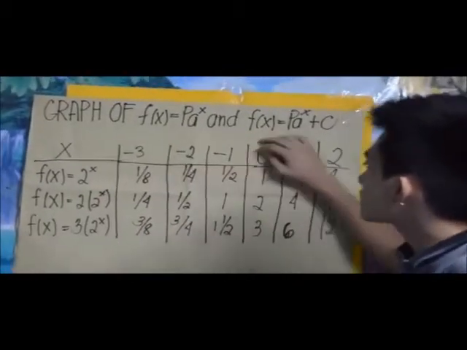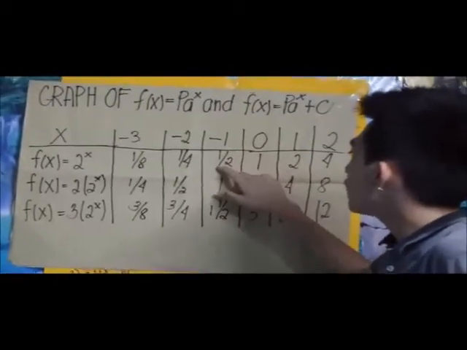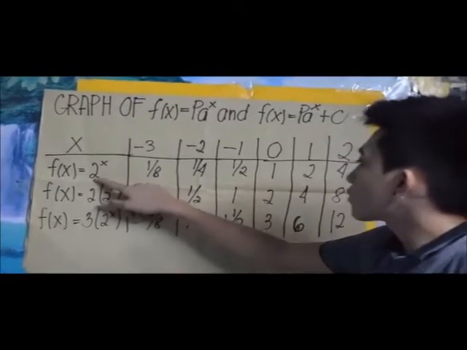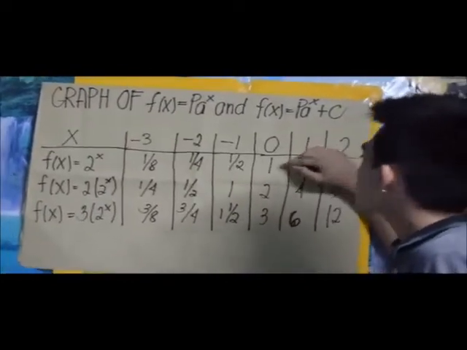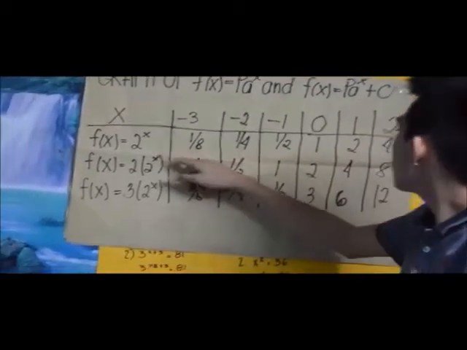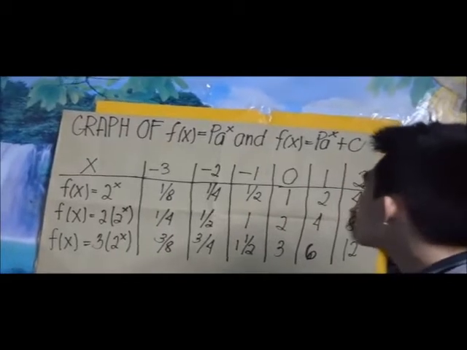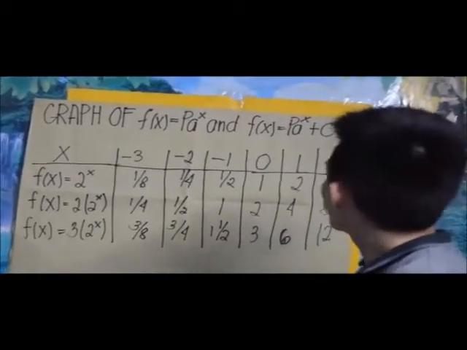For x equals negative 1 it is 1 over 2. For x equals 0 it is 1. For x equals 1 it is 2. For x equals 2 it is 4.